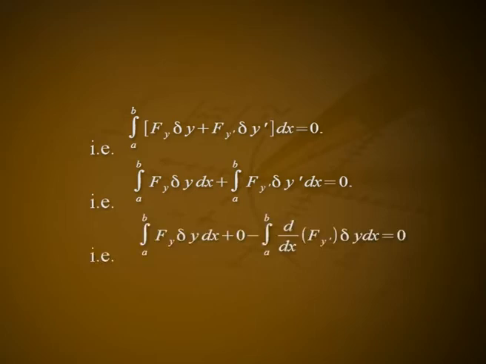By using integration by parts, that is integral a to b f_y delta y dx plus 0 minus integral a to b d by dx of f_y dash delta y dx equal to 0, since delta y at x equal to a, which is equal to y bar of a minus y of a, equal to 0, and similarly delta y at b equal to 0, since all curves y equal to y bar of x and y equal to y of x pass through boundary points x equal to a, x equal to b.